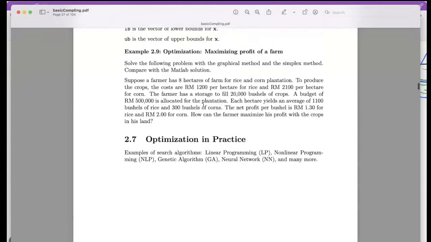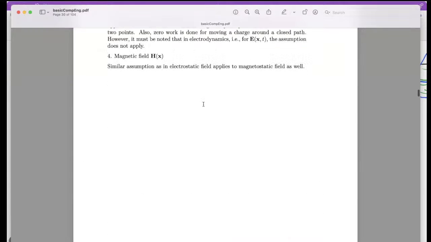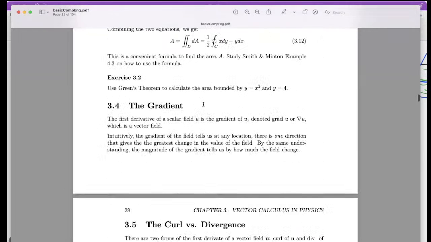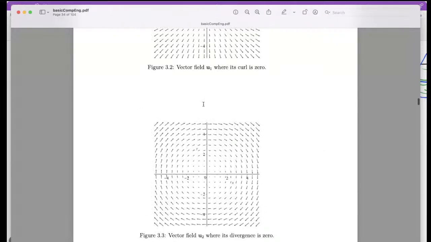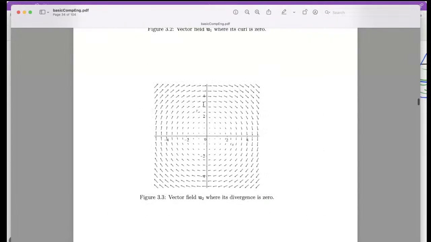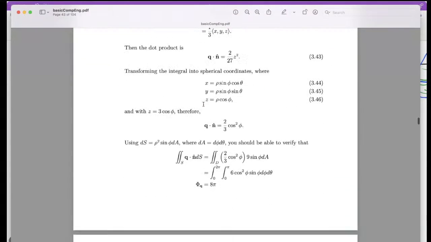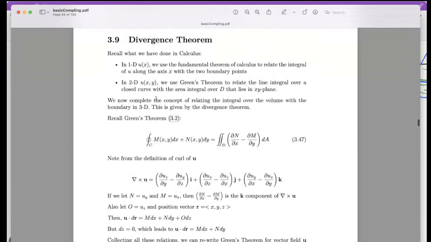Let me go through the pages here. The divergence theorem starts at 3.9.